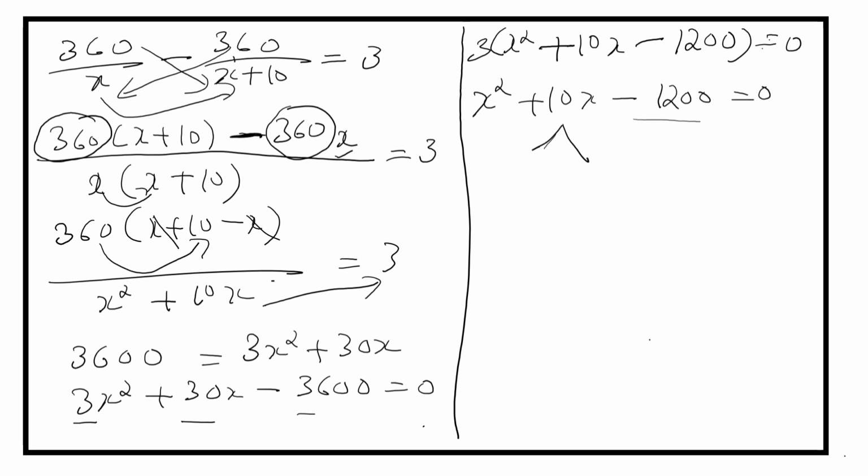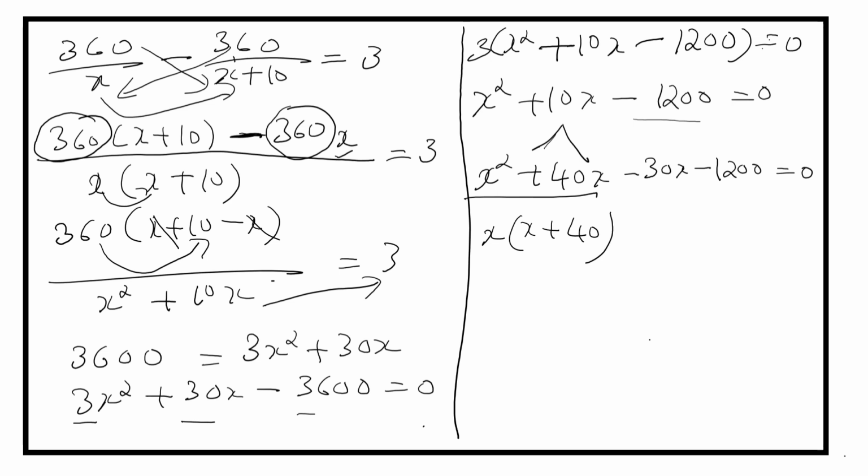Let us write x square plus 40x minus 30x minus 1200 is equal to 0. Here x is common, so x into x plus 40. Here 30 is common, minus 30 into x plus 40. 30 into 40, 1200.